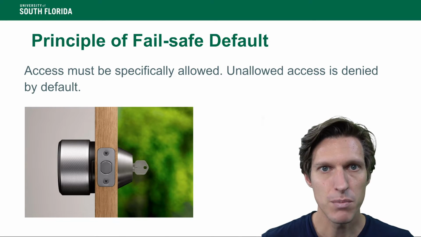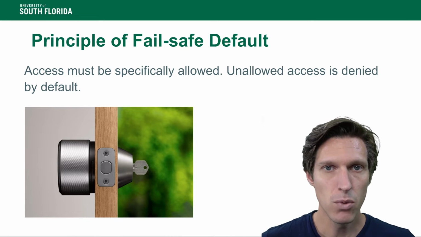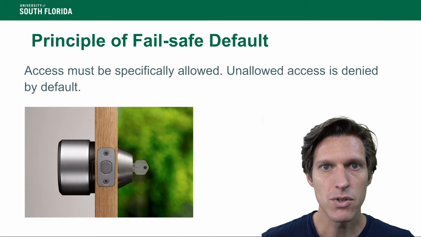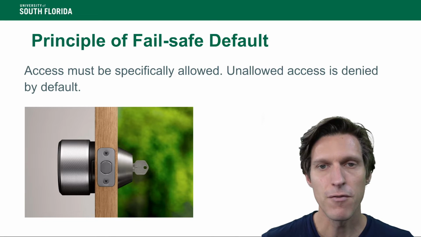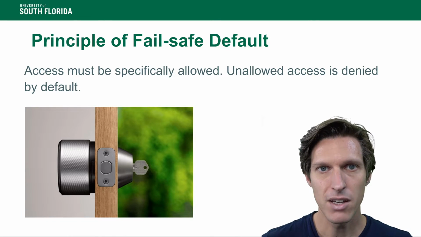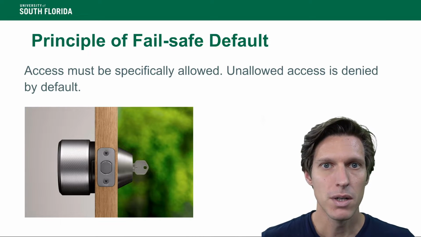If you just close it without actively locking it, it won't be locked. This one locks automatically as soon as you close it, and that's what I chose to emphasize the principle of fail-safe default. So it's really like a door that locks automatically whenever you close it.